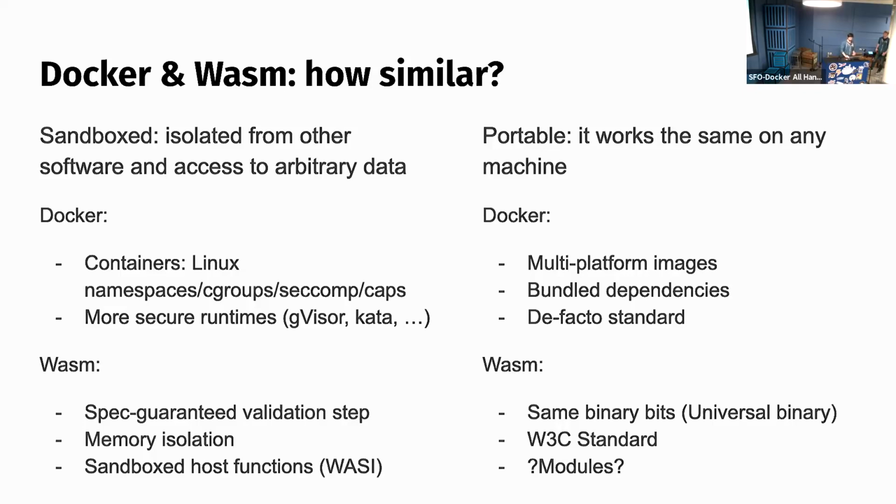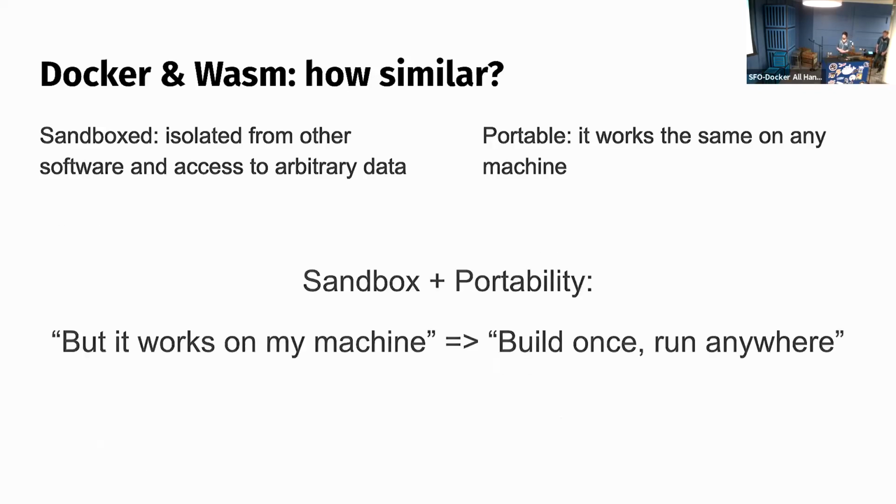There's a 1.0 version, and I put a little exclamation mark here for modules for the future. The great thing about sandbox and portability is that if you have those two, you have an amazing property, which is you go from a situation of "it works on my machine" to being able to build once and run anywhere, which is very nice.